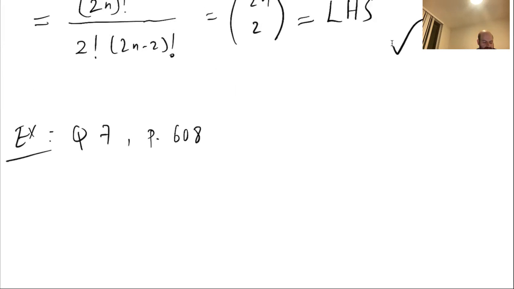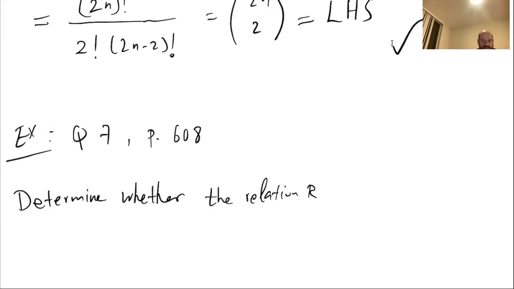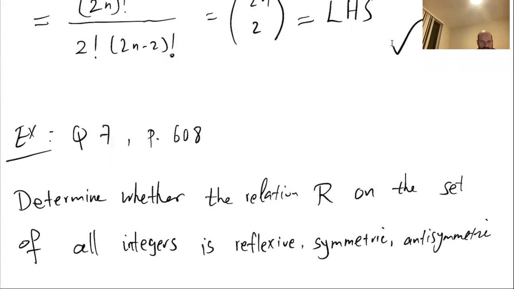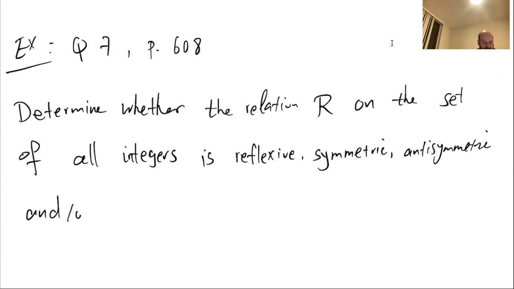So determine whether the relation R on the set of all integers is reflexive, symmetric, antisymmetric, and/or transitive.